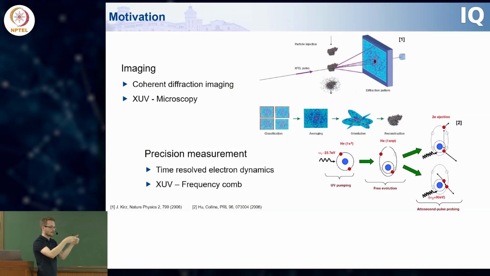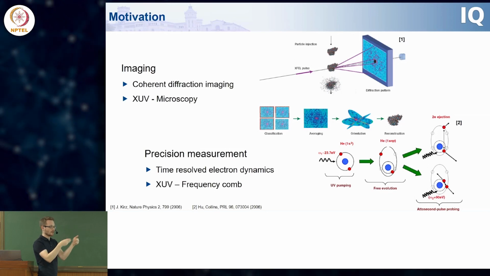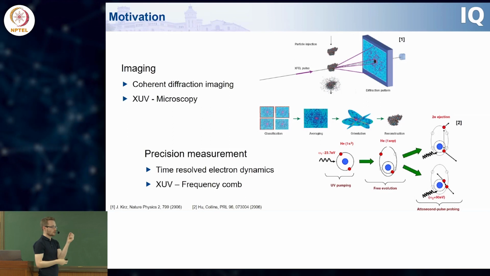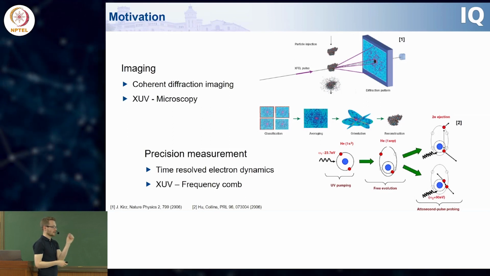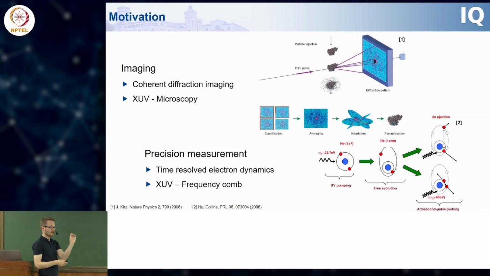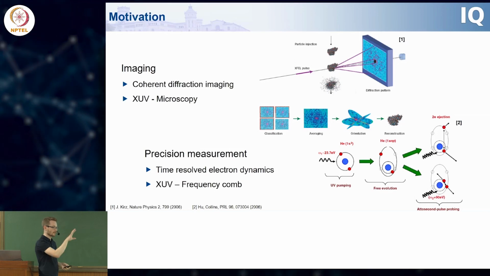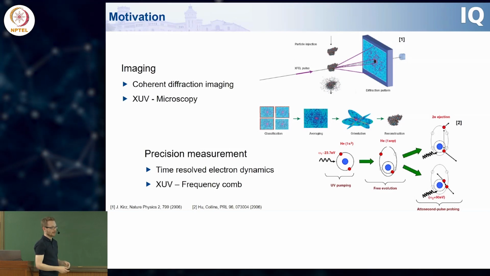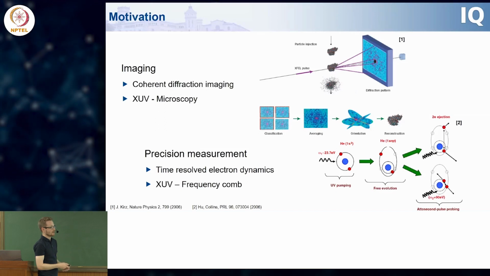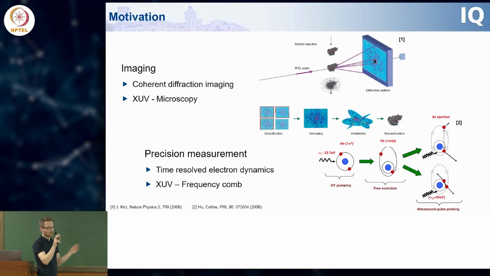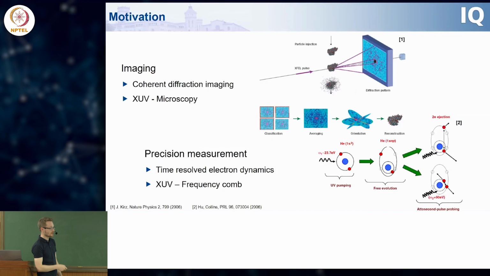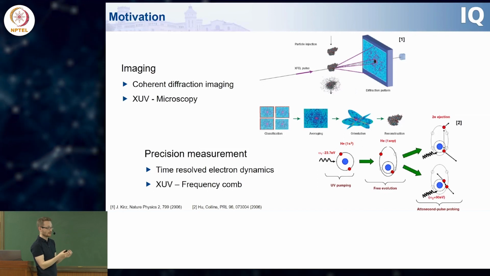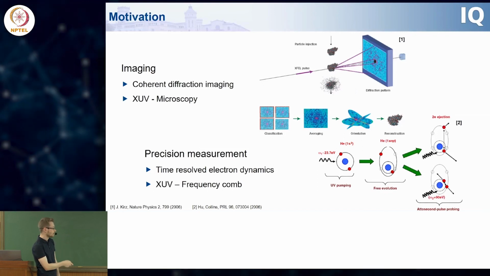So you delay the two pulses with respect to each other step by step, and because of the short duration of the attosecond pulse, you get a very precise snapshot of the state of the atom, and can, for example, follow the dissociation of molecules, ionization processes in atoms, and such.